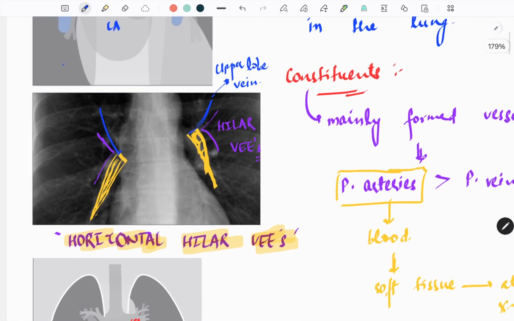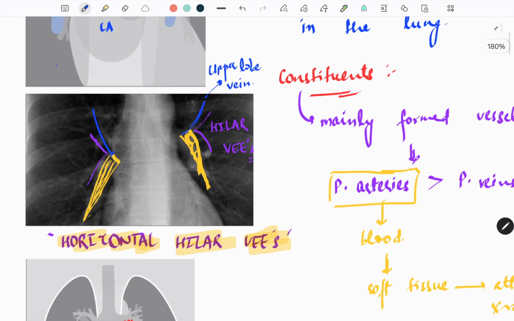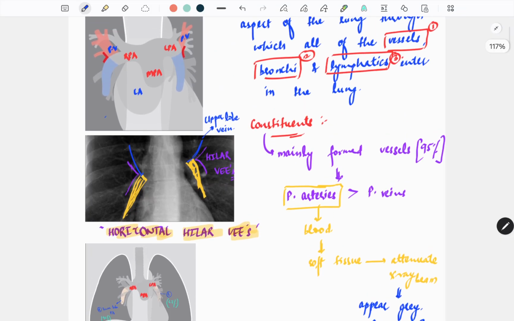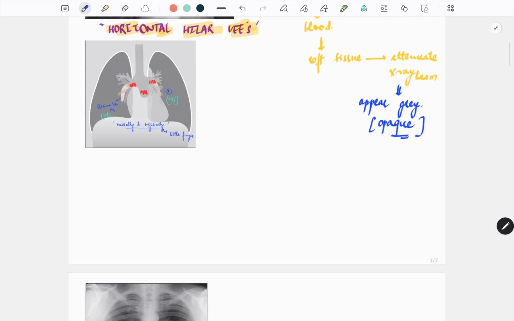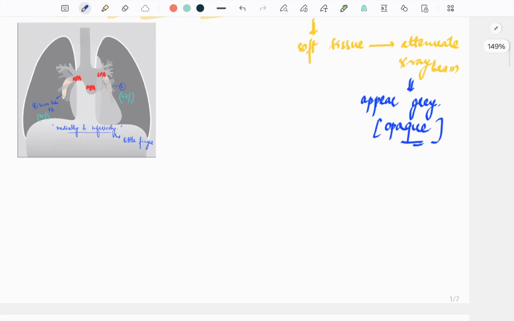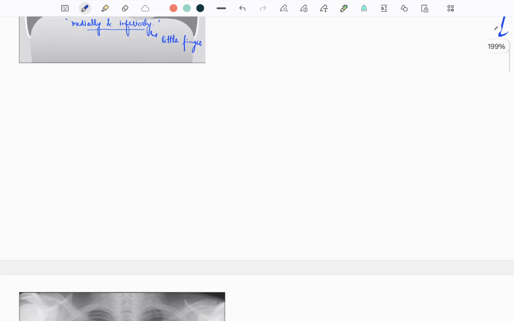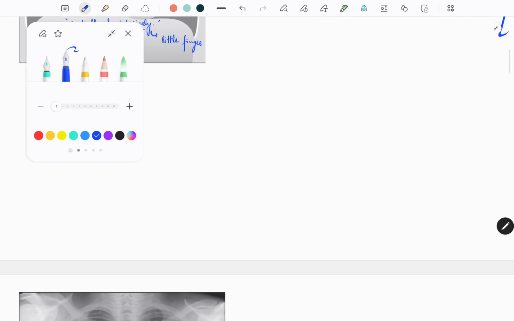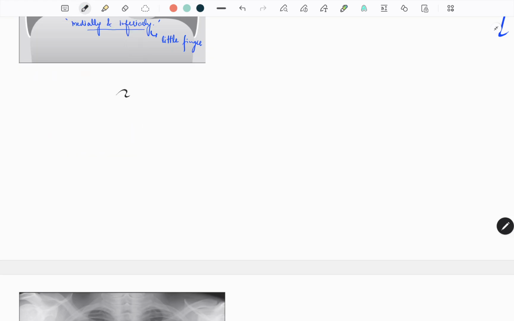How we'll assess the hilum? This is the marking we have done, and now we'll come to the point of how we can assess the hilum. Assessment of the hilum.